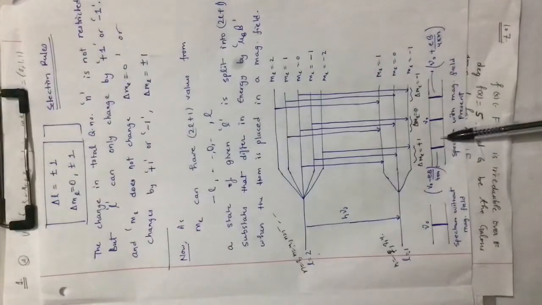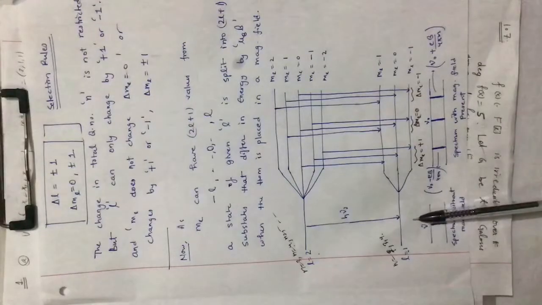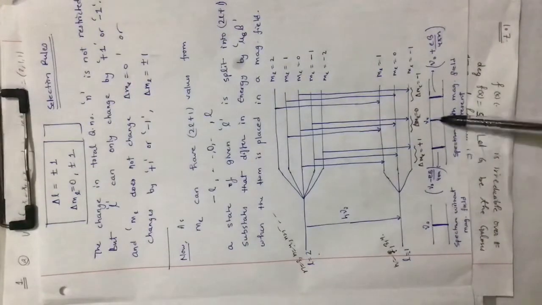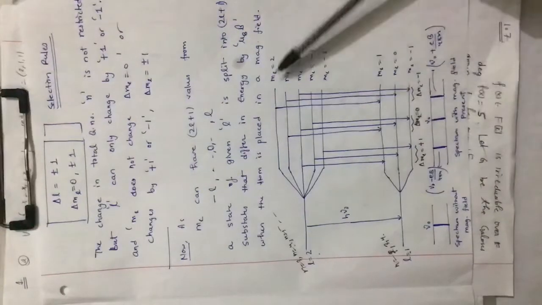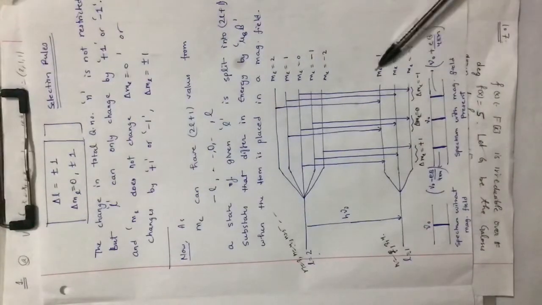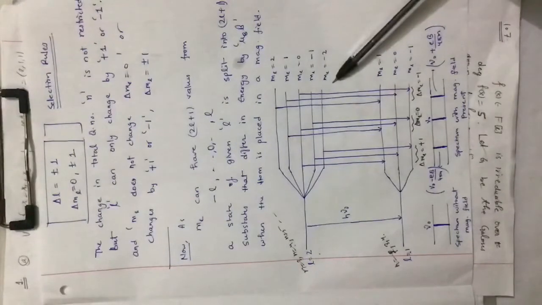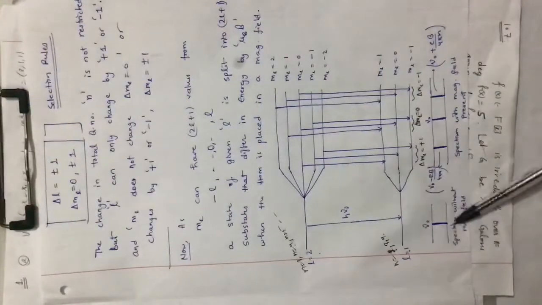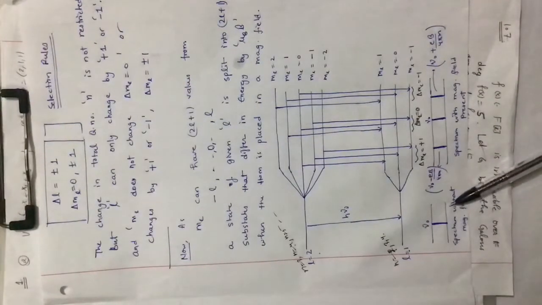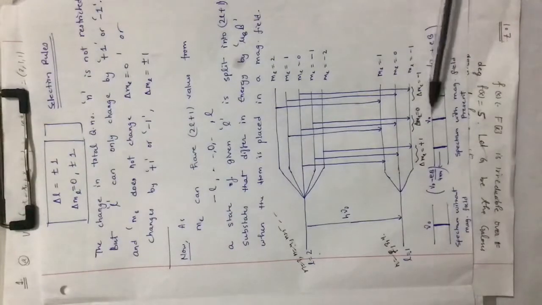Initially I was getting a single transition. Now I have 3 different transitions, and this is the energy splitting. But when I look at the energy spectrum, initially there was only one characteristic spectrum with mu naught frequency, but now I have 3 different spectra with different frequencies.